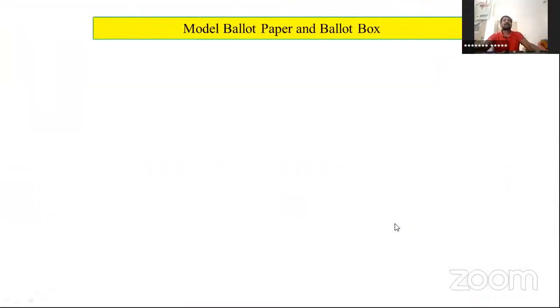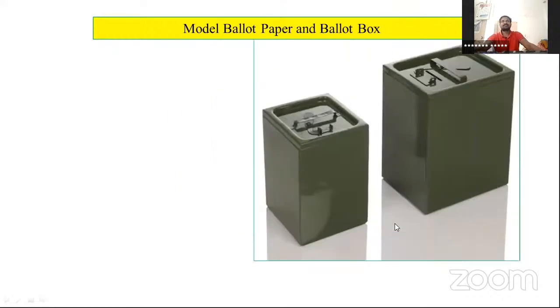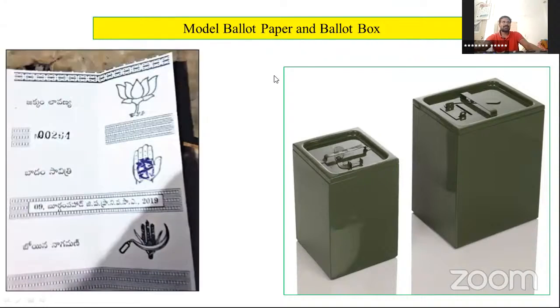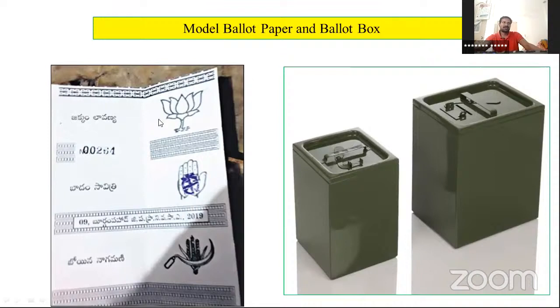This is the ballot voting system. Another slide, please. Look at this model ballot paper and ballot box. This is the ballot box. See this carefully. This one is a closed ballot box. This is an opened ballot box. Where is the ballot paper? For example, political candidate symbols are given here. This is one symbol.